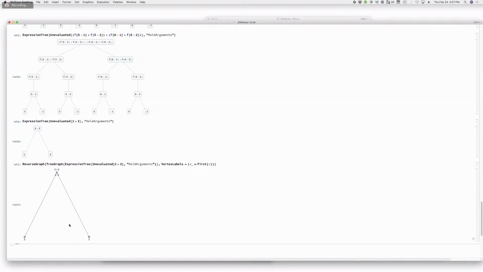No, I know that. But what's happening here is 2 and 3 together make 2 plus 3, which then takes a rule from the outside world and makes 5. Does that make sense? Yep.